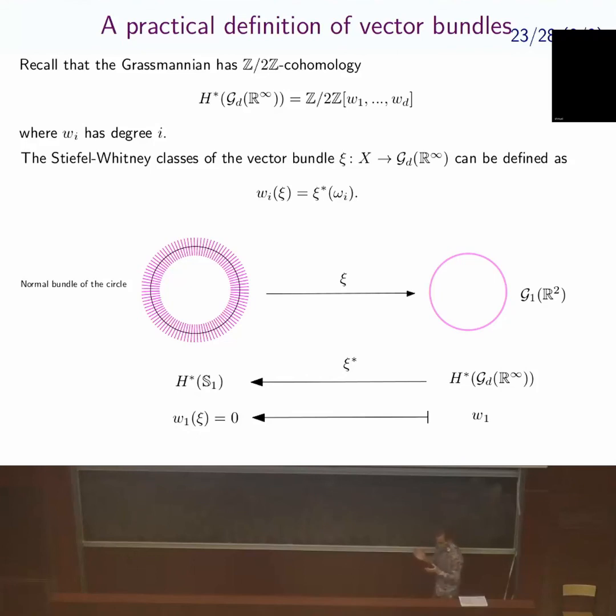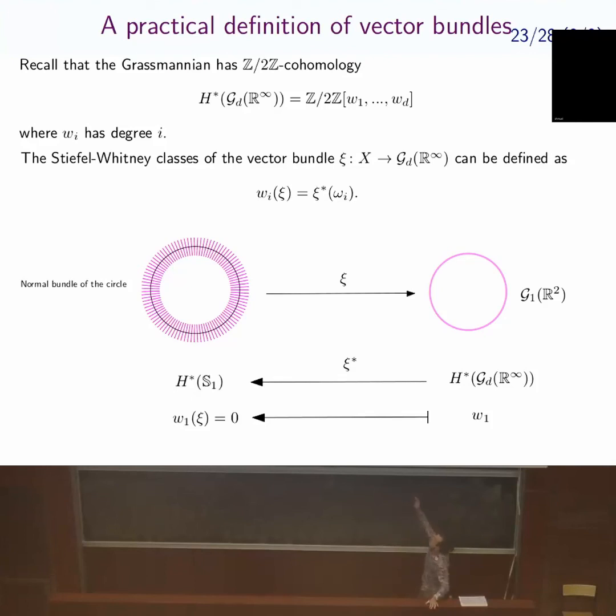Okay. This definition is really nice because thanks to it, we can define simply the Stiefel-Whitney classes. So let me recall that the Grassmannian over R^∞ has a really simple cohomology algebra. It is the algebra generated by d elements, w_i, each of degree i.